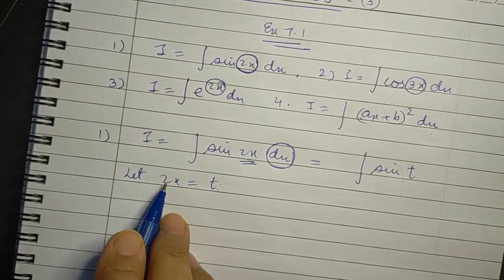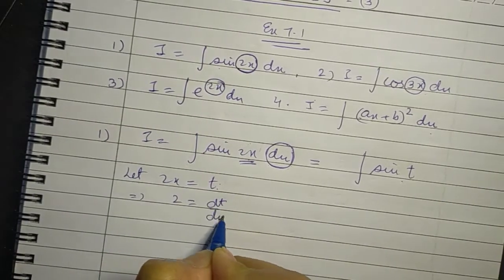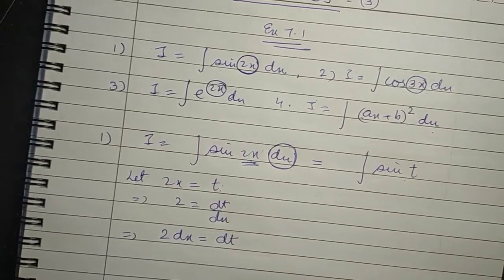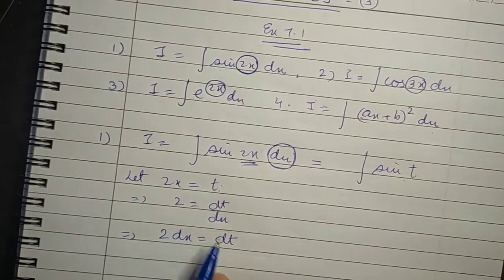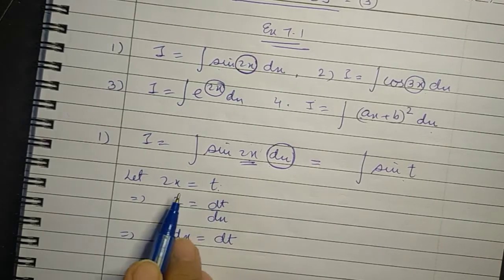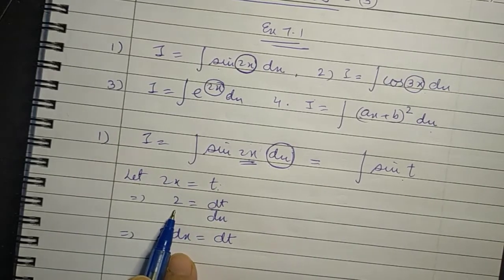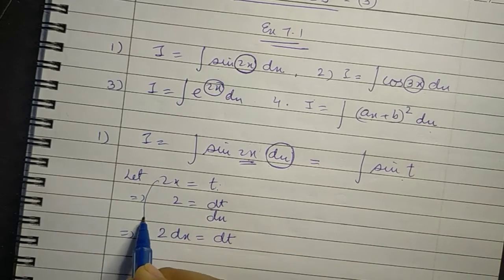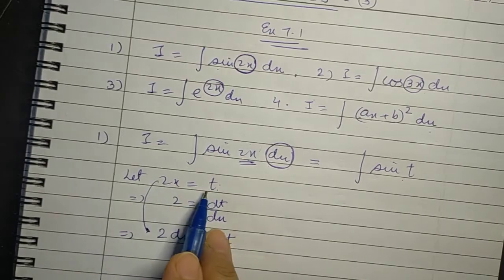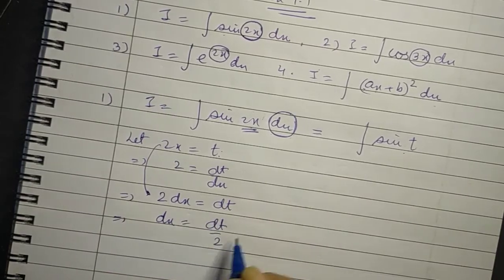So what do we get? If 2x is equal to t, differentiating we get 2 is equal to dt by dx, and from here you can write 2 dx is equal to dt. We have simply applied the process of differentiation here, but we write it in the form of a total derivative. Either you write this first and then take dx to this side, or you directly write 2x equal to t gives us 2 dx is equal to dt, which gives dx is equal to dt by 2.